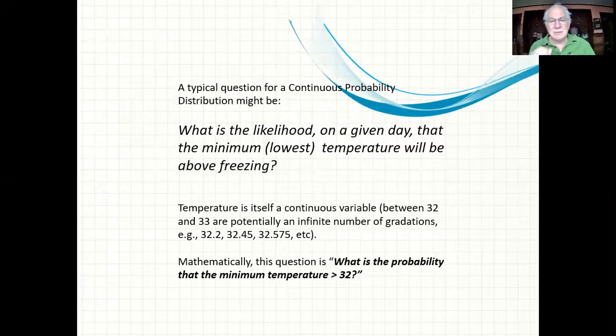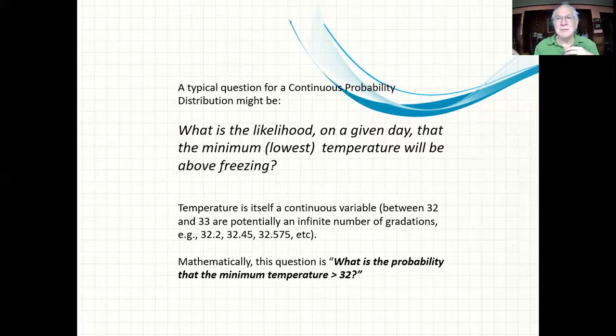With a continuous probability distribution, the kinds of questions we might be looking at are things like, what is the likelihood on a given day that the minimum, lowest temperature might be above freezing? Mathematically, what they're talking about here is the minimum temperature of a day is greater than 32. The lowest temperature of the day is bigger than freezing.